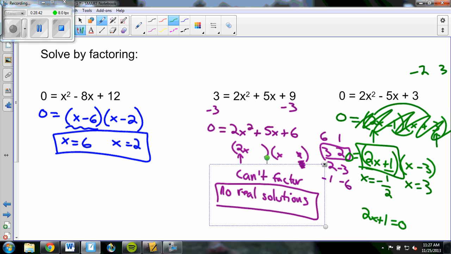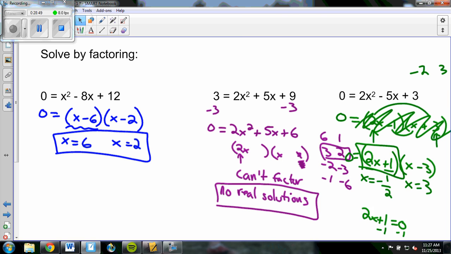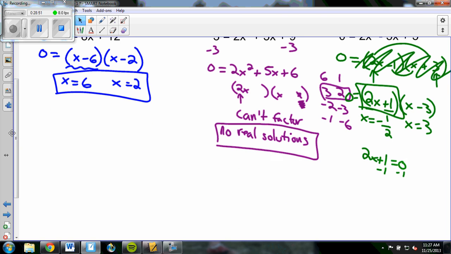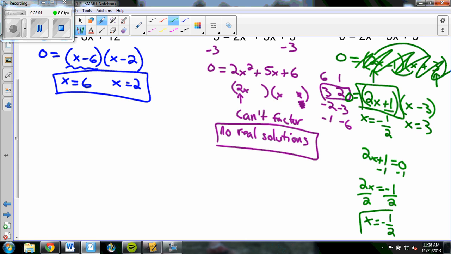So I set 2x plus 1 equal to 0 and then solve for x. That's one of my solutions. My solutions are x equals negative 1/2 and x equals 3.